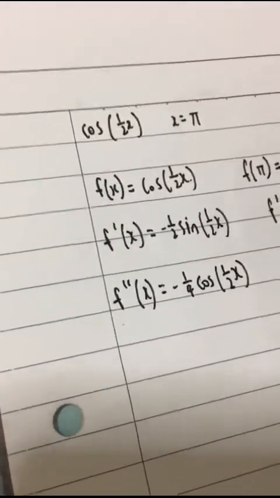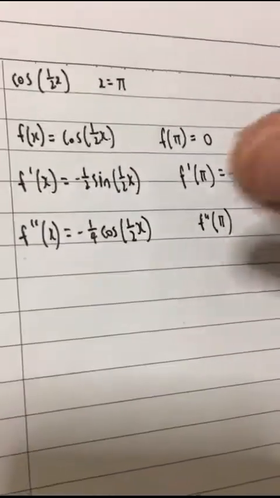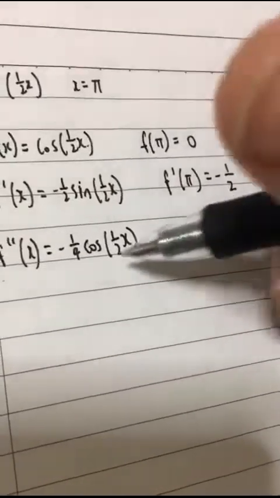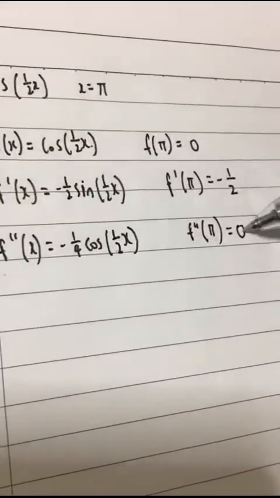Then the same thing, you sub in pi into this equation, and you get 0.